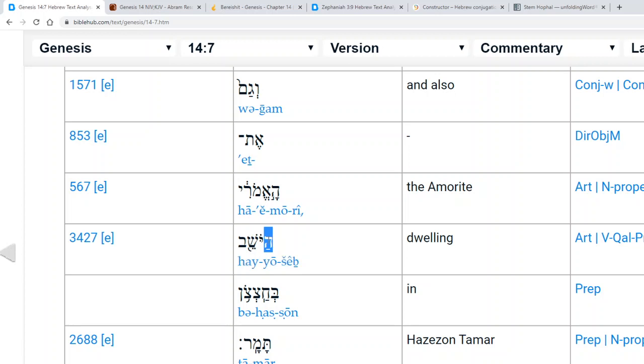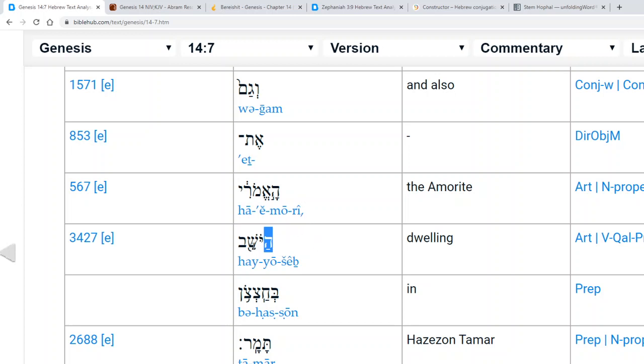The roots there, obviously, there's the shin and the bet. Yud here I would say is part of the radicals. That is the root is a three-letter yud, shin, bet. Yeah, I think that's pretty clear.